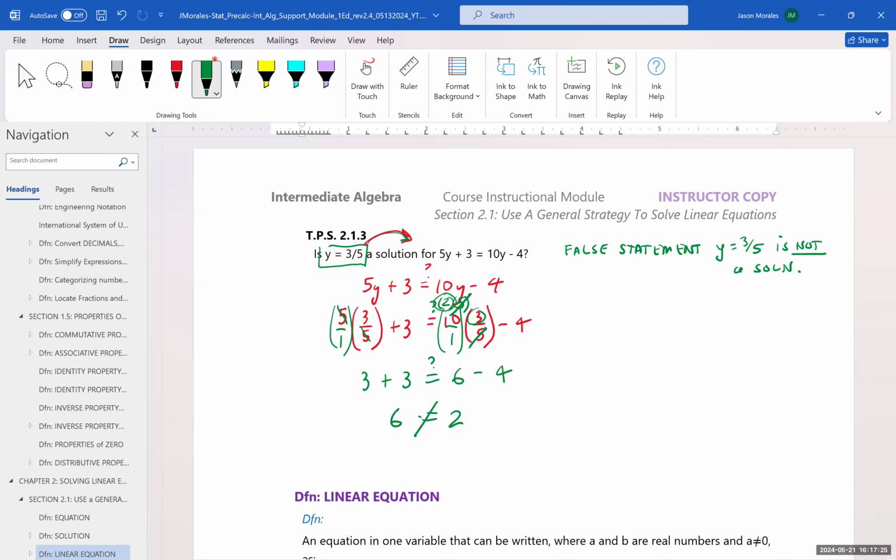Okay, well, 6 is definitely not equal to 2. So that is a false statement. Hence, y equals 3/5 is not a solution.